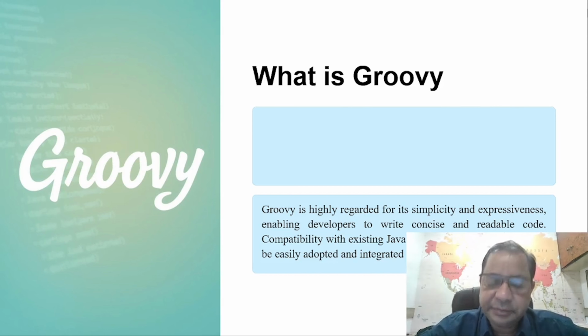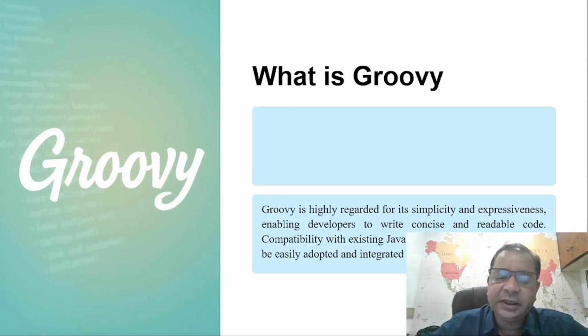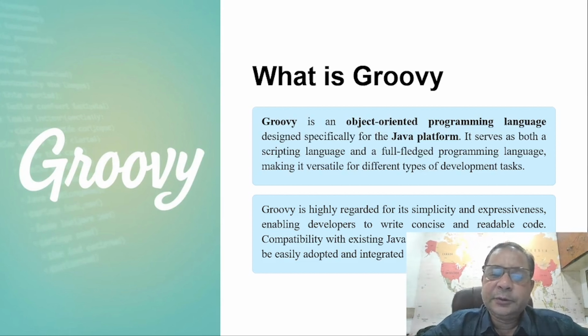Wherever you can run Java code, you can run Groovy code as well, because it is built upon Java. Groovy is an object-oriented programming language, and Java is also an object-oriented programming language. It serves both as a scripting language and a fully fledged Java programming language, making it versatile for different types of development.